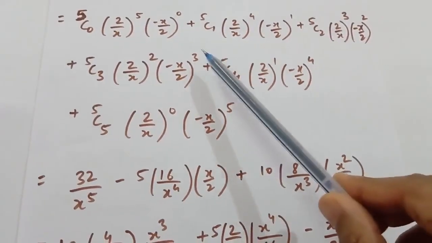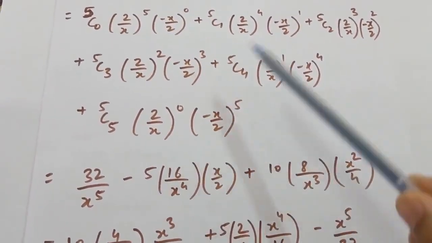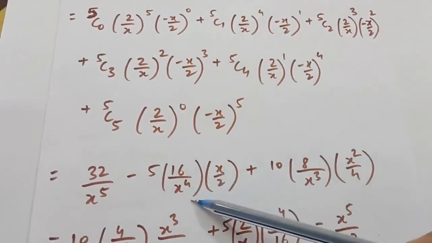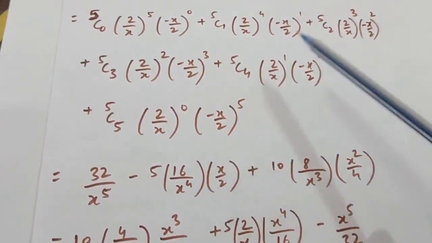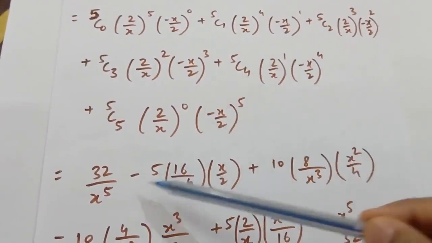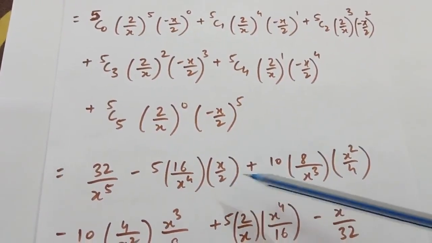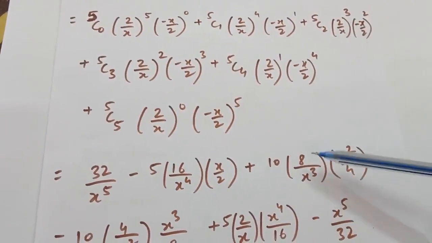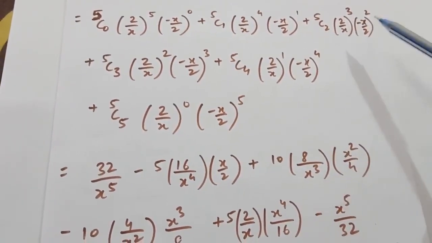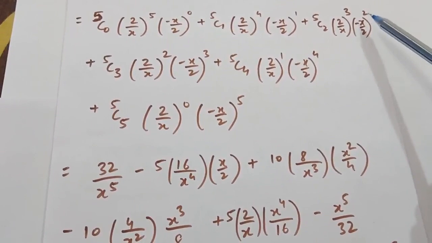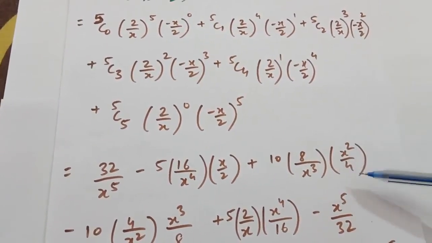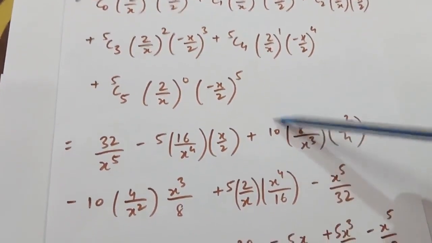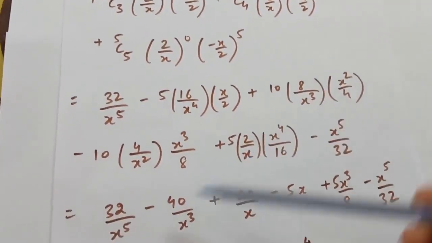Now 5c1 is 5. 2 by x whole raised to the power 4 is 16 upon x raised to the power 4, and this will be minus x upon 2, plus 5c2 is 10. 2 by x whole cube is 8 upon x cube into x by 2 whole square will be x square upon 4, and minus square will be plus. So here only plus will come.